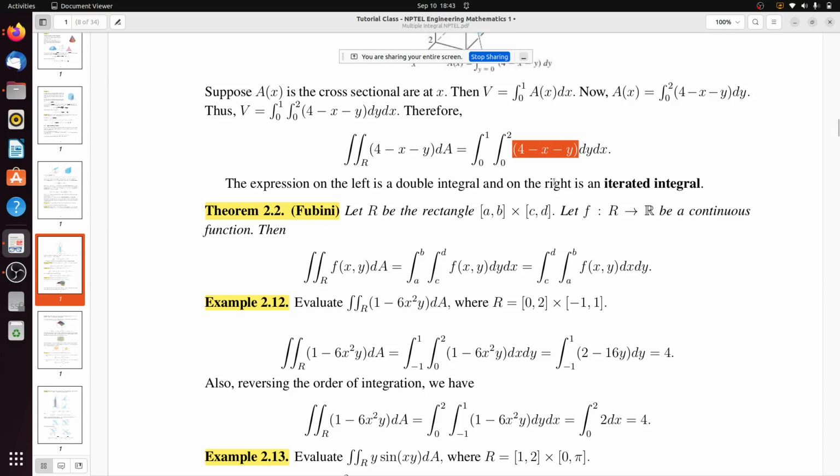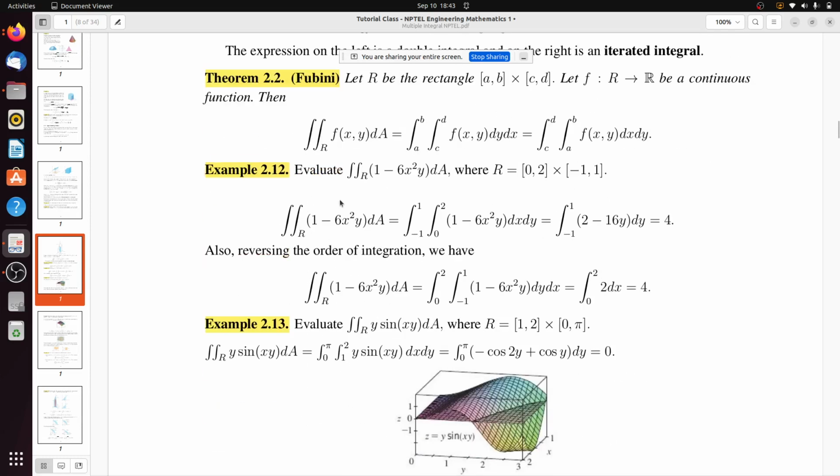When you are integrating with respect to y, just keep x as constant. So when you are integrating with respect to dy, you will get 4y minus xy minus y square by 2. You take the limit from 0 to 2, put these limits instead of y, then it will reduce into a function of x. Then you take integration with respect to dx.